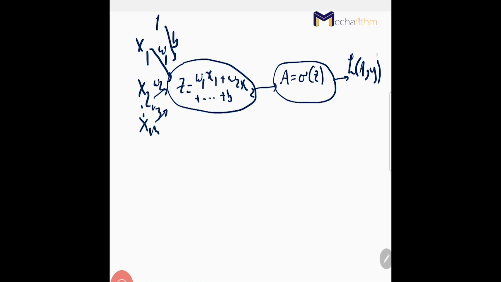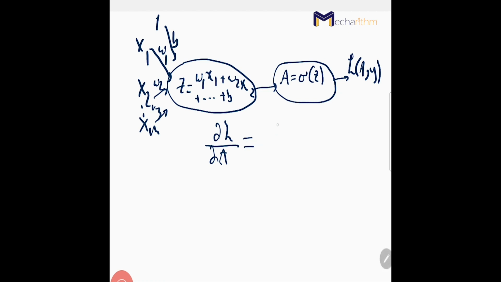So first of all, I'm going to compute the partial derivative of L, so partial L by partial a. And if we take the derivative of the loss function, then it will look like this.